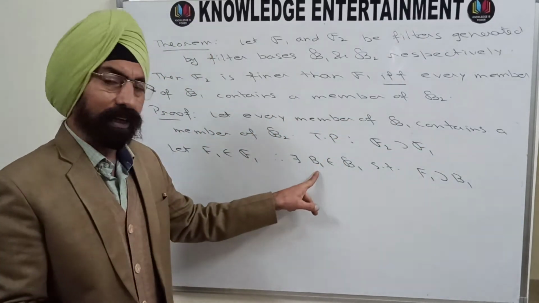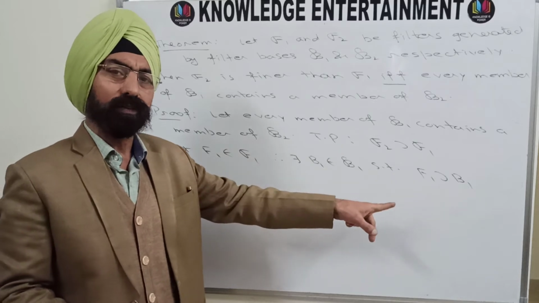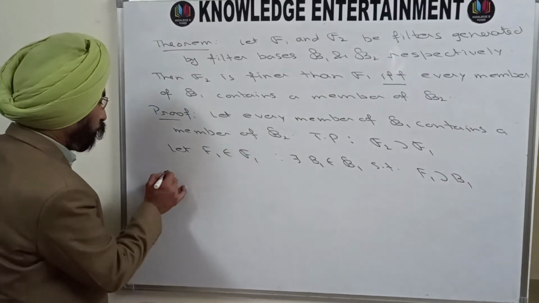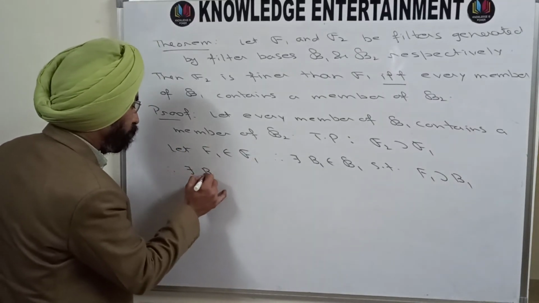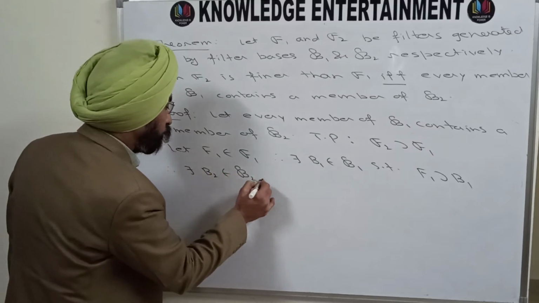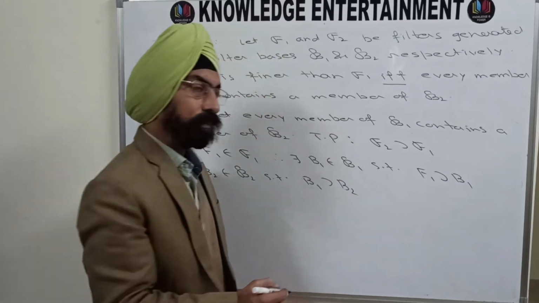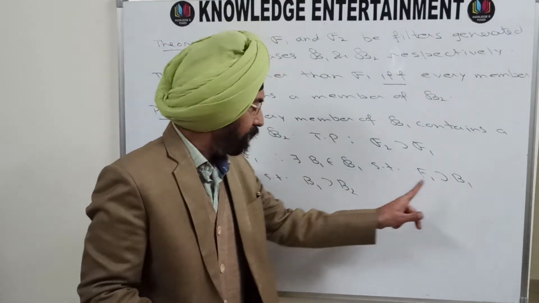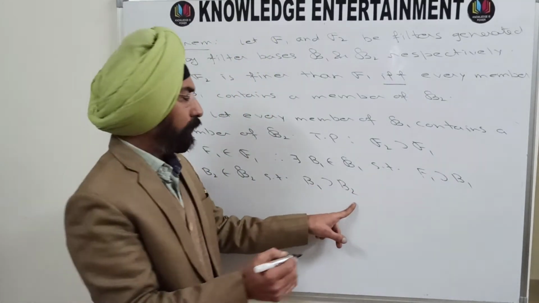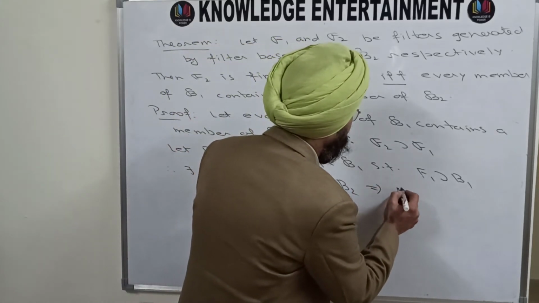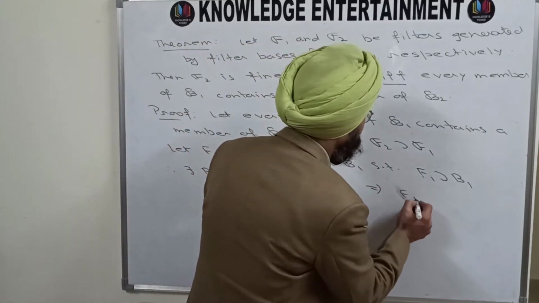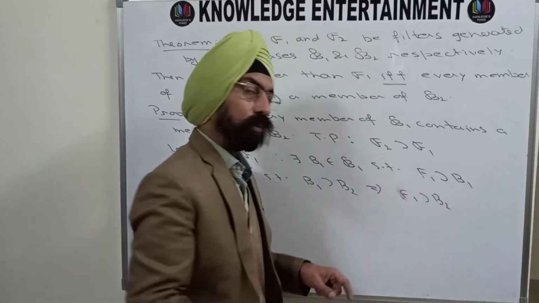So this member B1 must also contain some member of the filter base B2. So there exists B2 in the filter base B2 such that B1 contains B2. F1 contains B1 and B1 contains B2. By transitivity you can say that F1 contains B2.